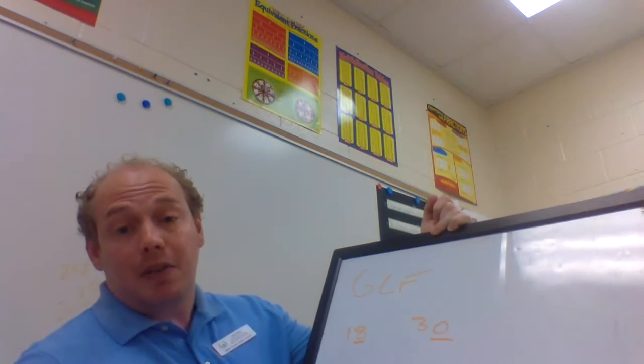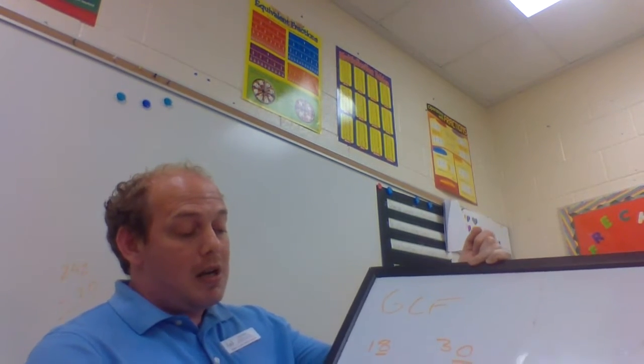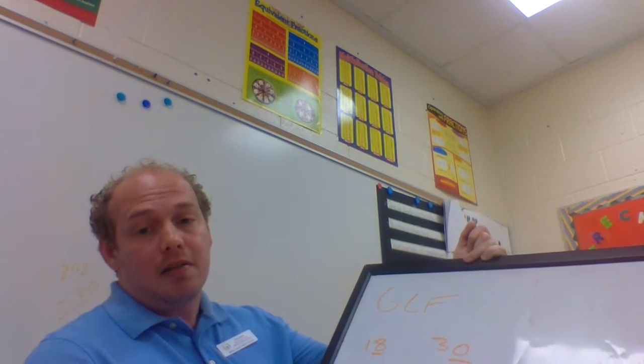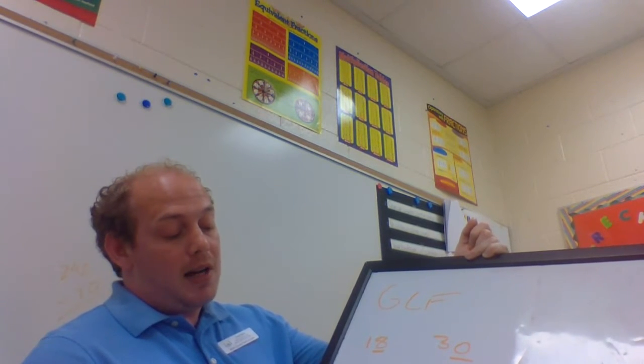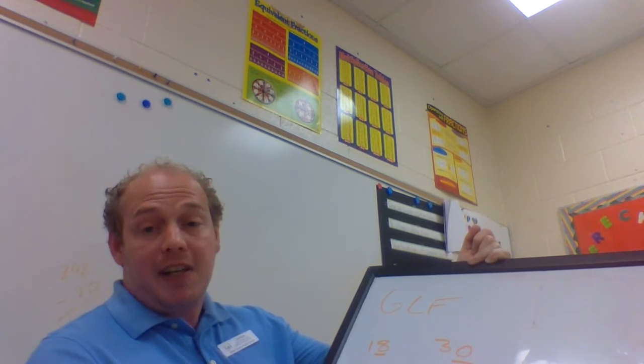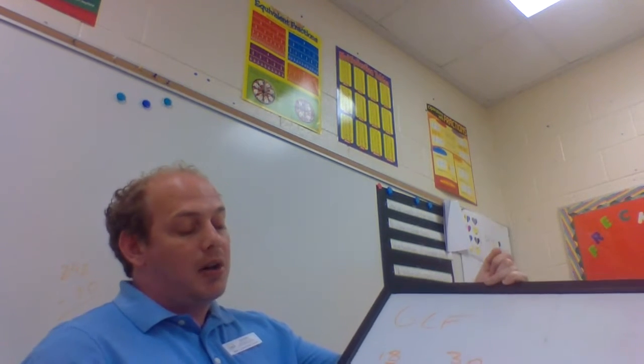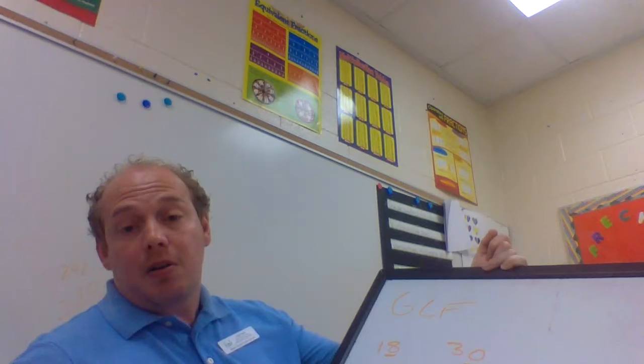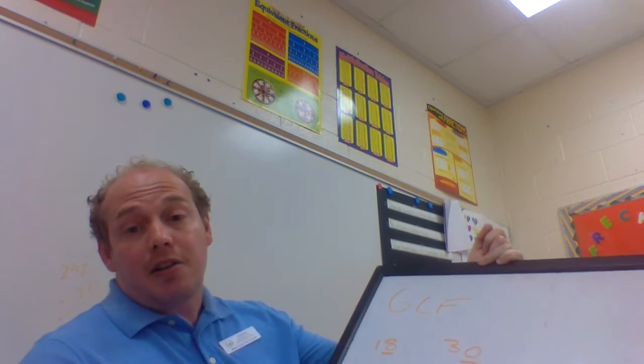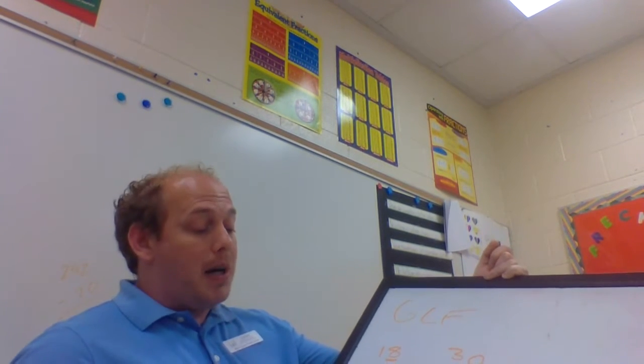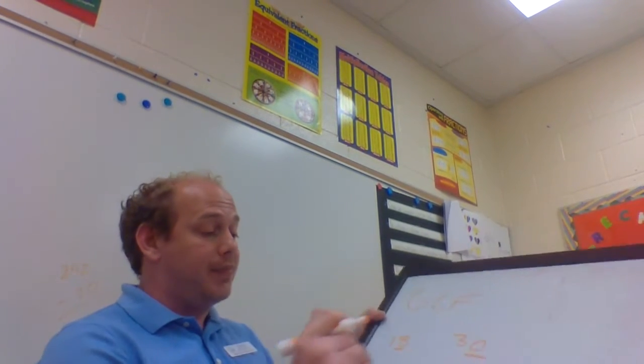I got ahead of myself a little bit because we still have 2. 2 times what equals 30? 2 times 15 equals 30. Alright, so we have a 3 in common. So you can circle your 3 or not circle your 3. Doesn't hurt my feelings either way. But if you want to remember, then 3 is your greatest common factor.